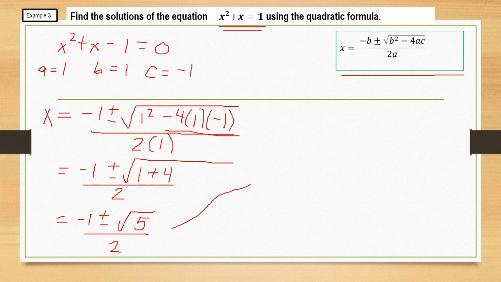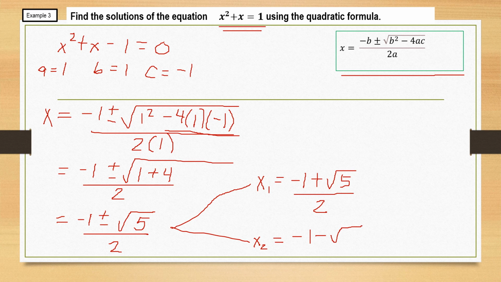Now we have, for x sub 1, negative 1 plus square root of 5 all over 2. And for x sub 2, we have negative 1 minus square root of 5 all over 2.